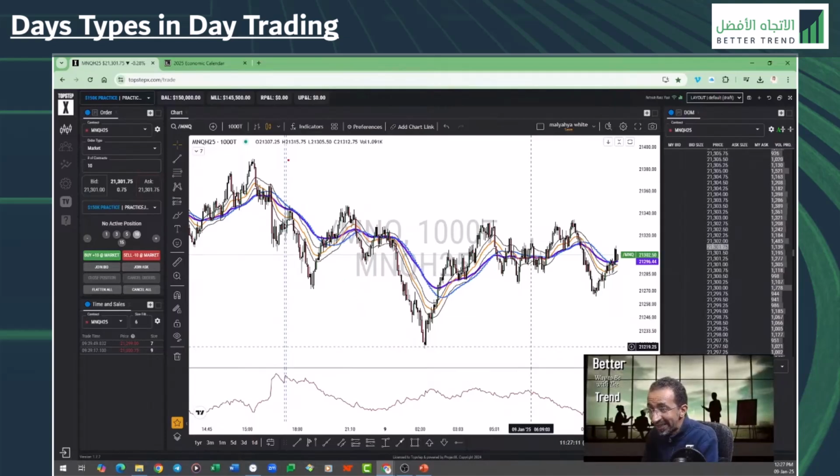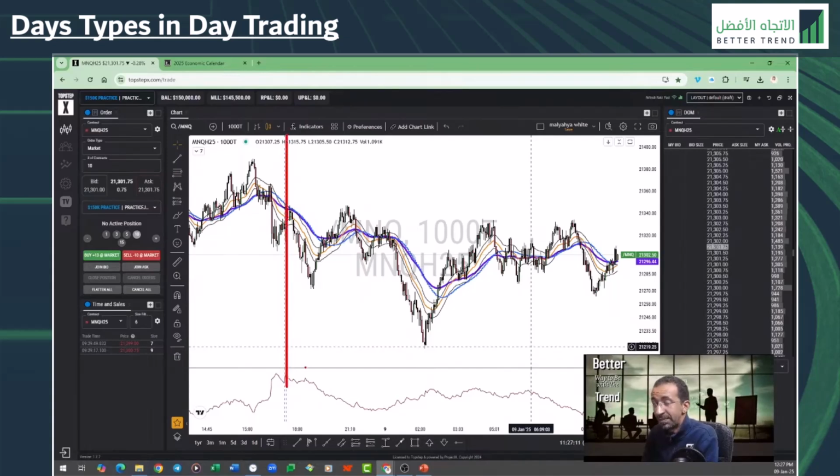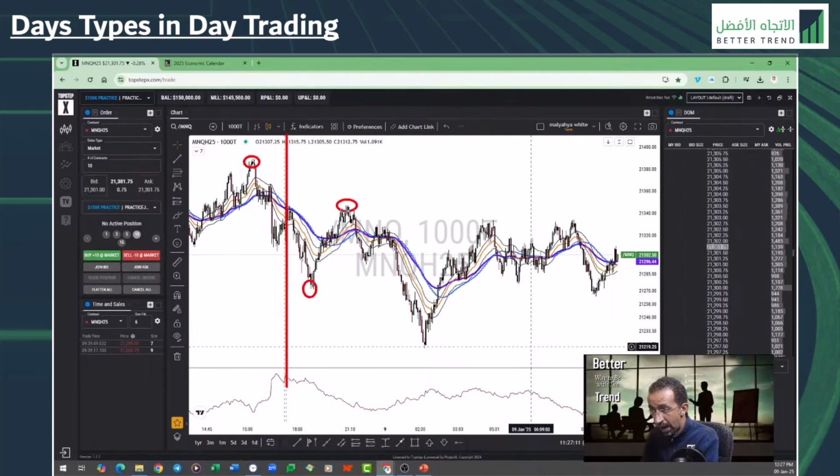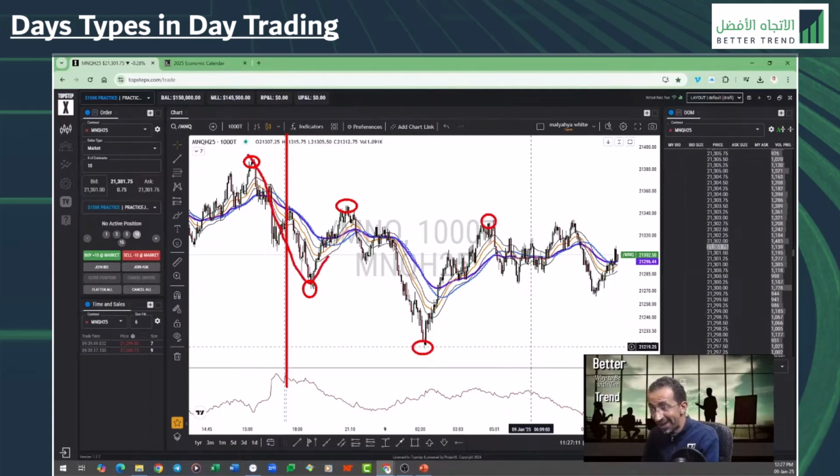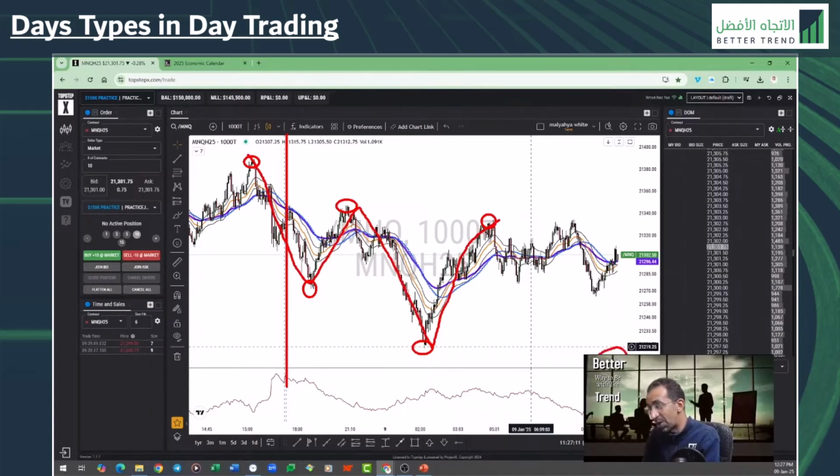What has the market done since the open, or since the high? It is putting high, low, high, low, high, what? Low. So this is a one direction day, till now not reaching the low.